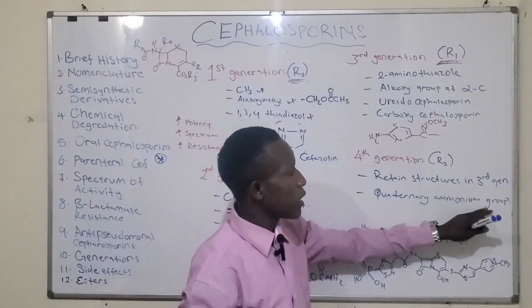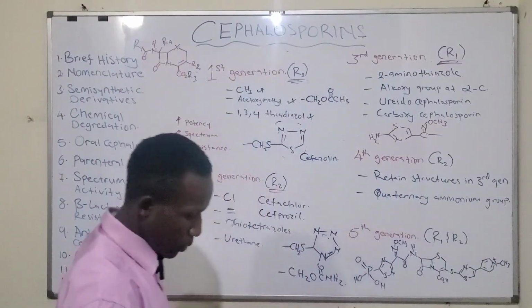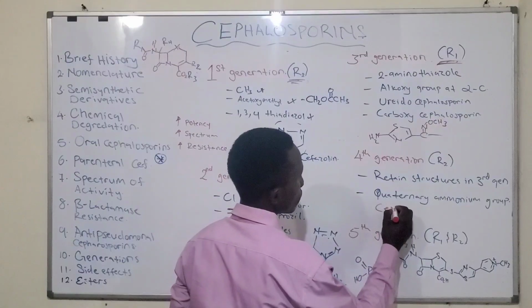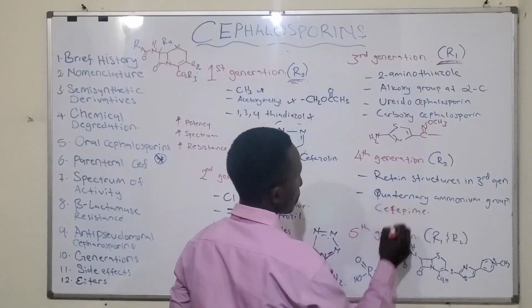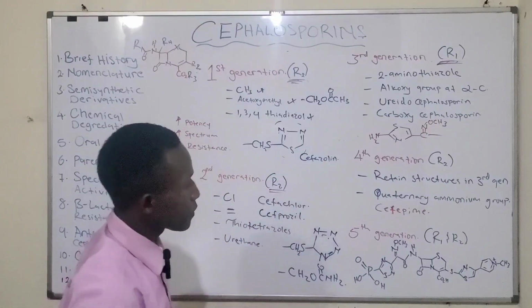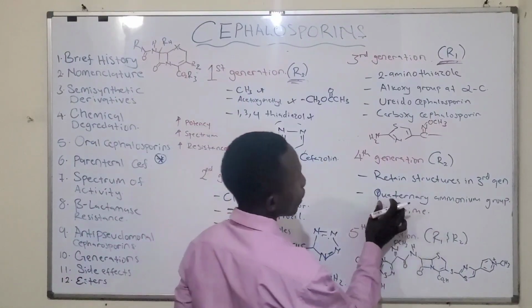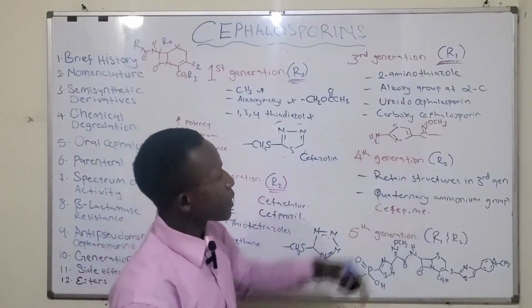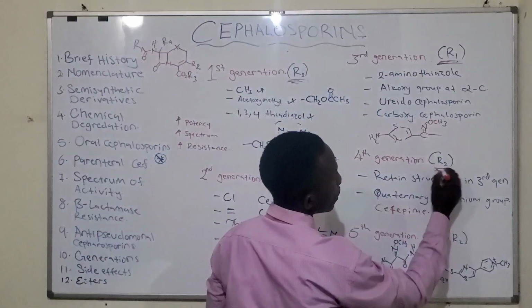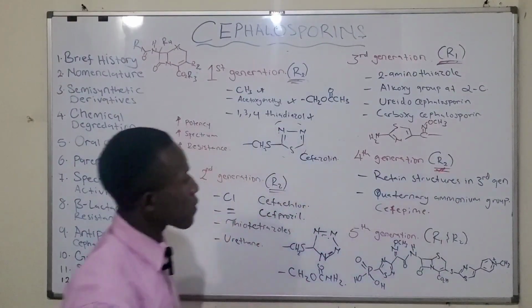Then for the fourth generation, they retain the structure of the third generation, but they have a quaternary ammonium group, cefepime. They have the quaternary ammonium group, but they retain the structure. But this is at R2.